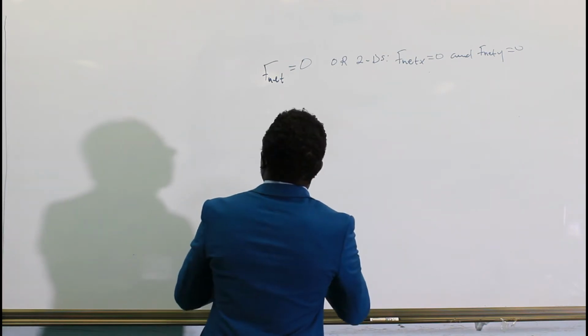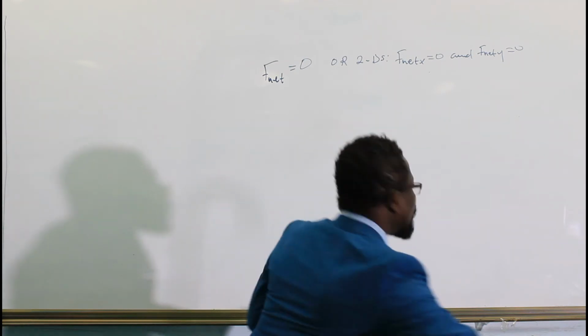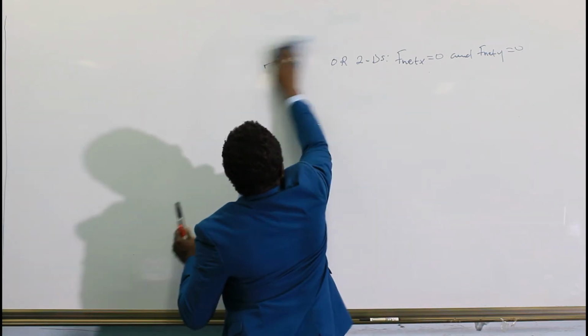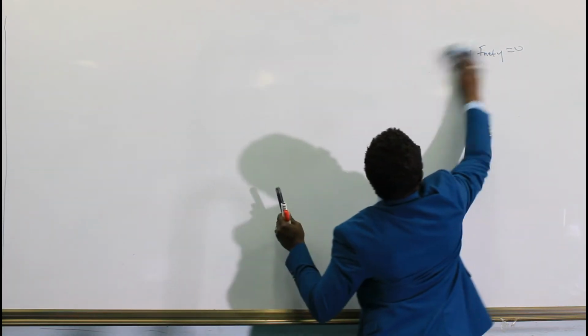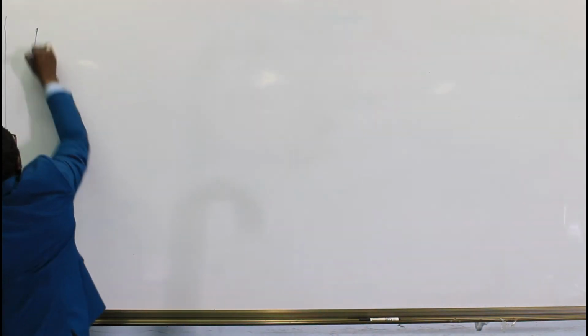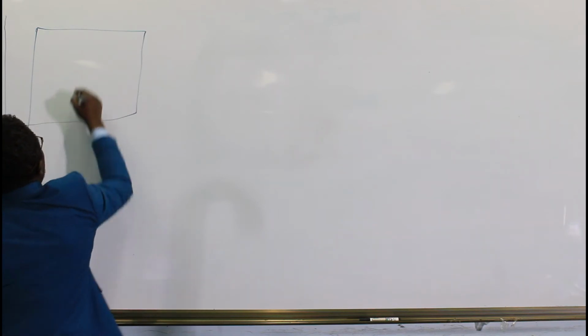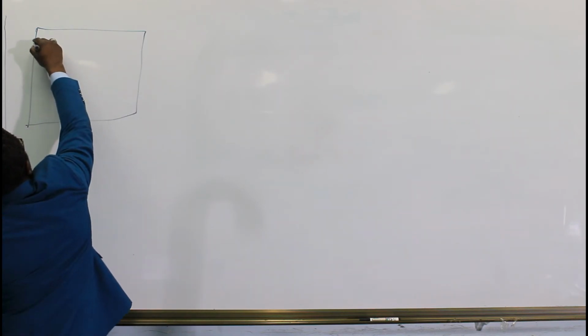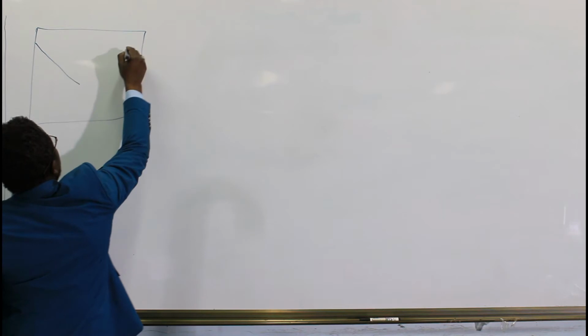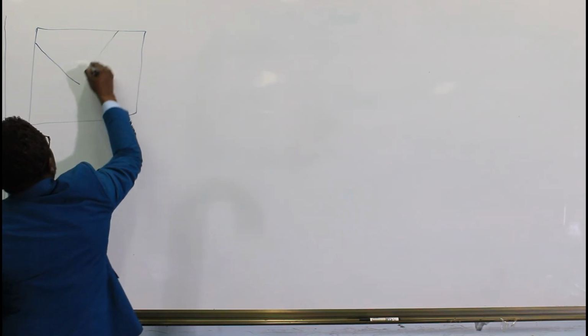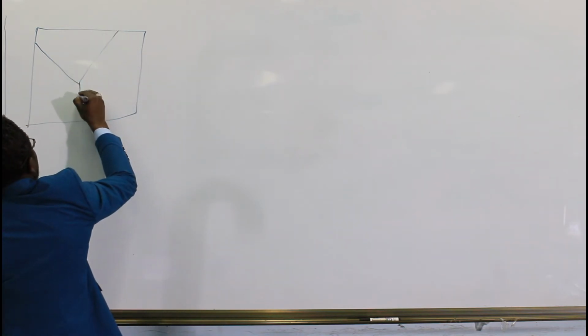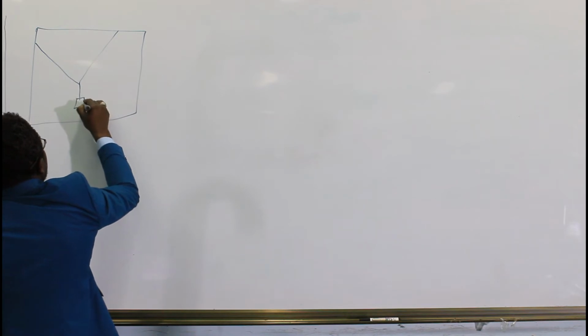Okay. Let's try and give the diagram of what we are given, and see how we can solve the problem. So let's say here is our wall. We have the wall like this, and there is a force from this point, and there is a force from this point, and now there is a mass at this point here.